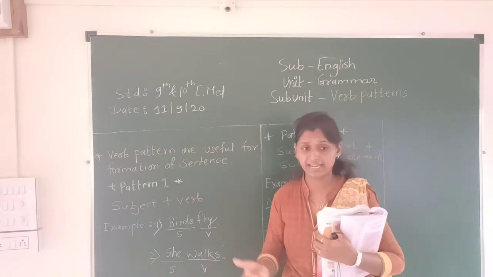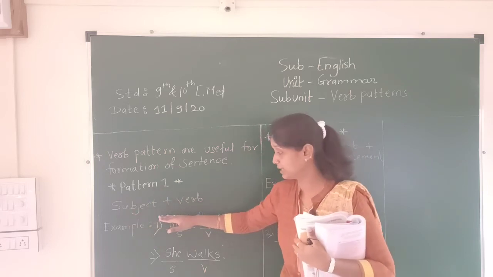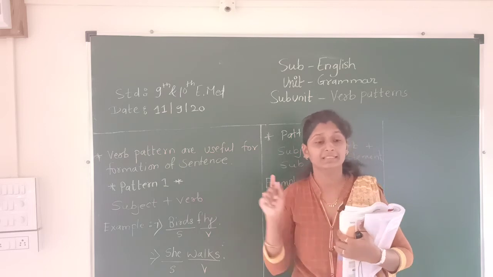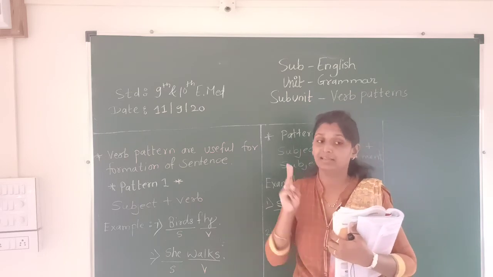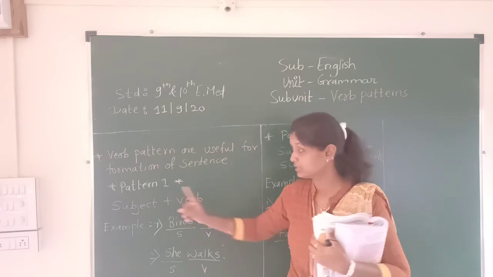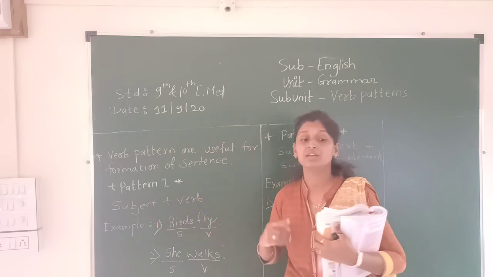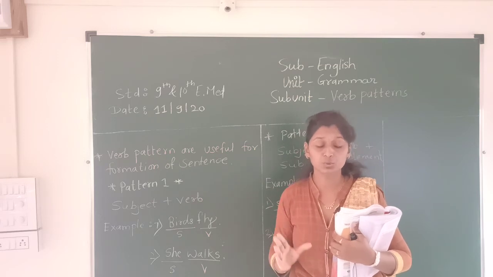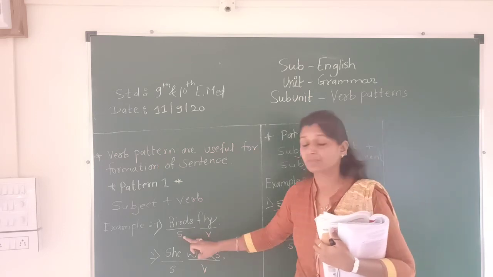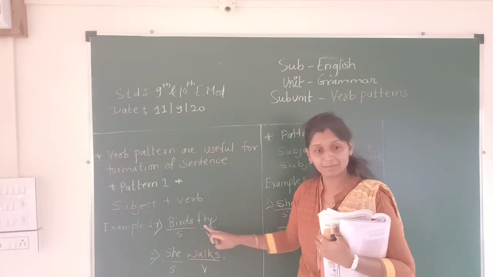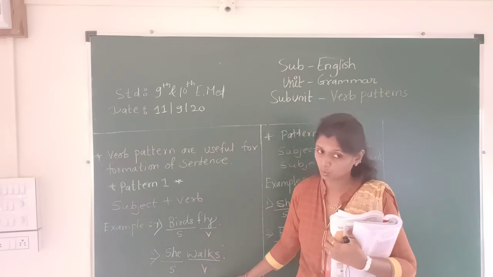Now let me explain again. The first pattern is subject plus verb. This type of sentence is made with only two words, but those words should be a subject and a verb. With the help of that subject and verb, we can make many useful as well as meaningful sentences. For example, birds fly, subject plus verb. She walks, subject plus verb.